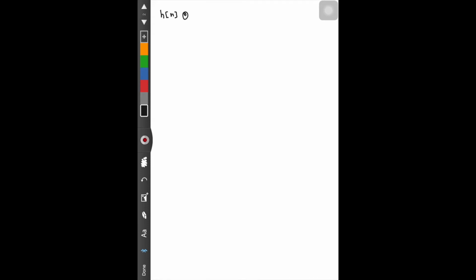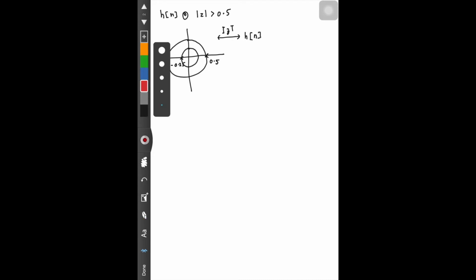So h[n] at |z| greater than 0.5, you use the inverse Z transform to get h[n].